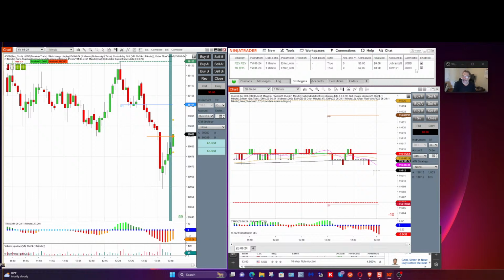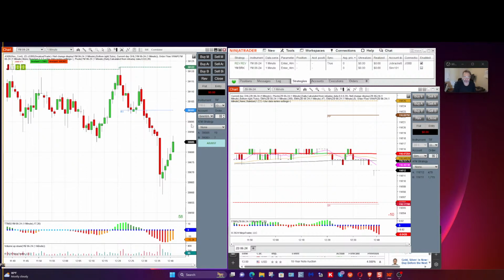But it can be volatile, so you can use up to a 10 bracket on this event. You can use a 10 bracket. There's usually enough movement in this event that a 10 bracket is perfectly fine. Okay?